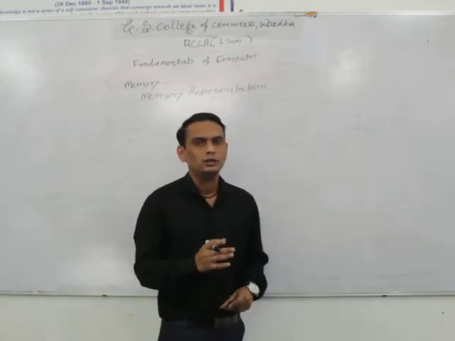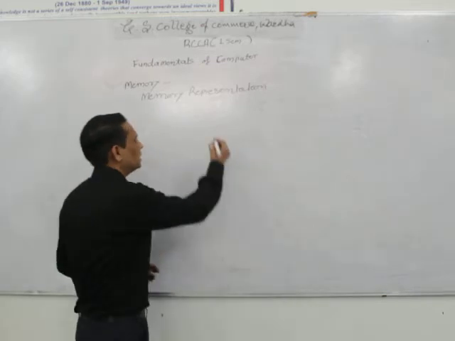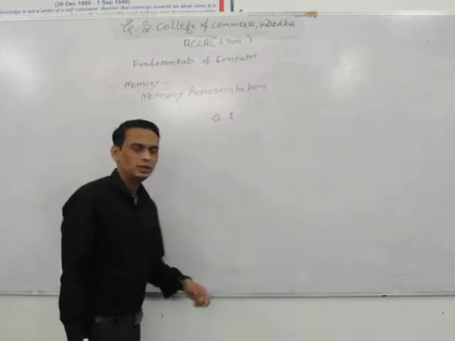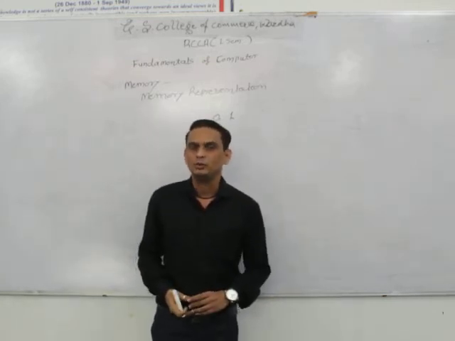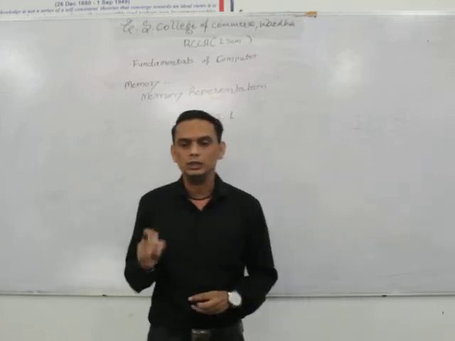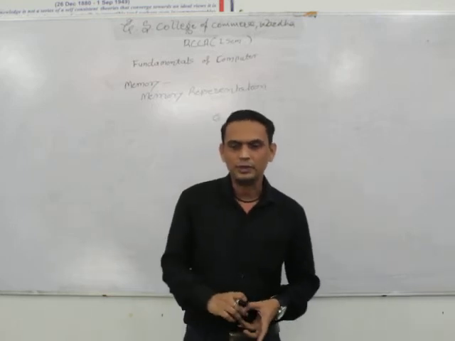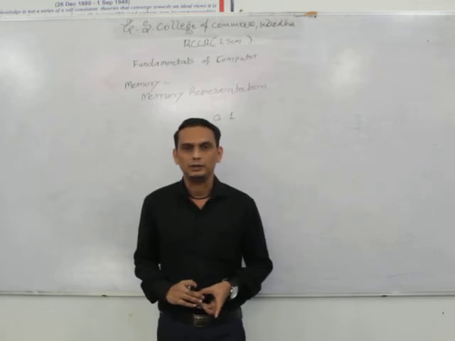So our information or data is always stored in bits, that is 0 and 1. It is also called the binary digit, and we store the data according to the binary digit into the memory system, and that number is also called the address of a memory.